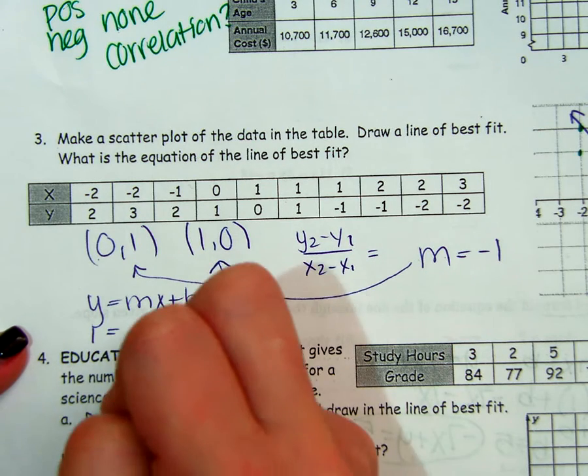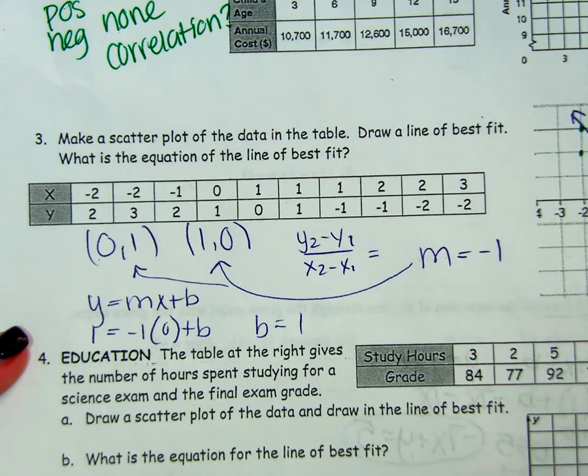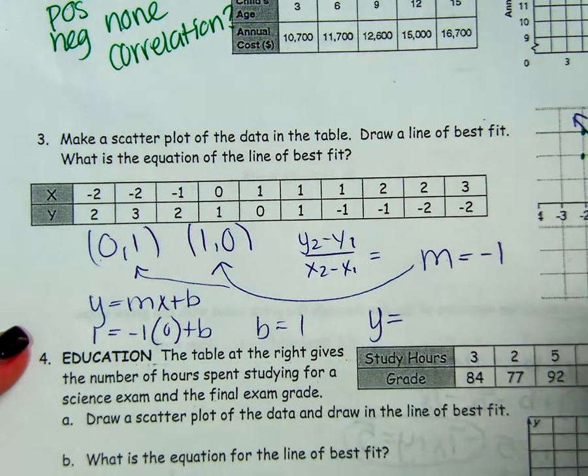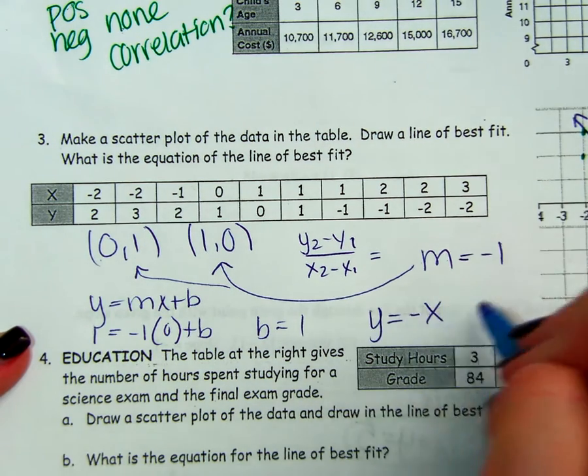1 equals -1 times 0 plus b. So b is going to equal 1. So the equation of this line is y equals negative x plus 1.